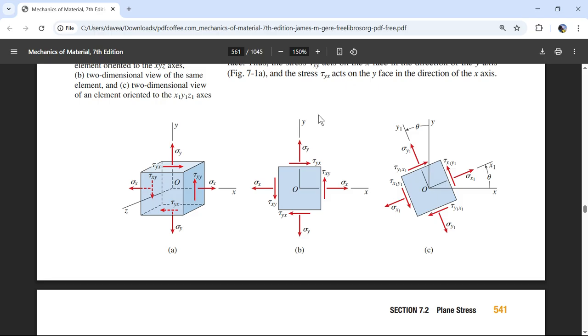I need a stylus, but that's the whole reason we have textbooks: when you're reading, you can write on paper to figure out what they did, and they gave you enough information to do it mentally yourself. Anyway, if we have this element at a 45, we need to find the normal and shear stresses on that element.